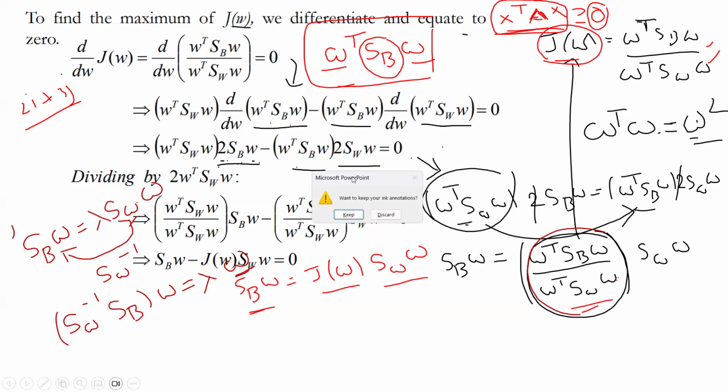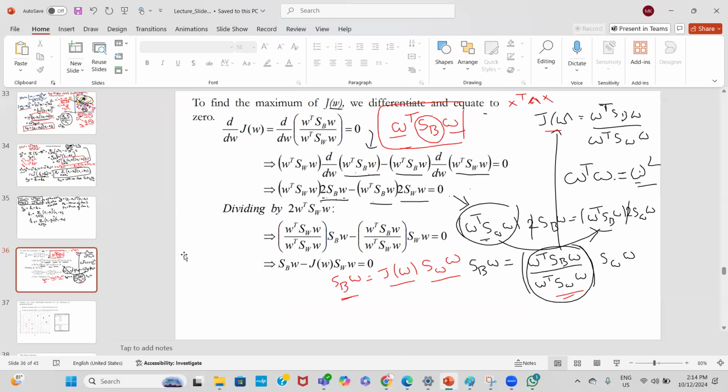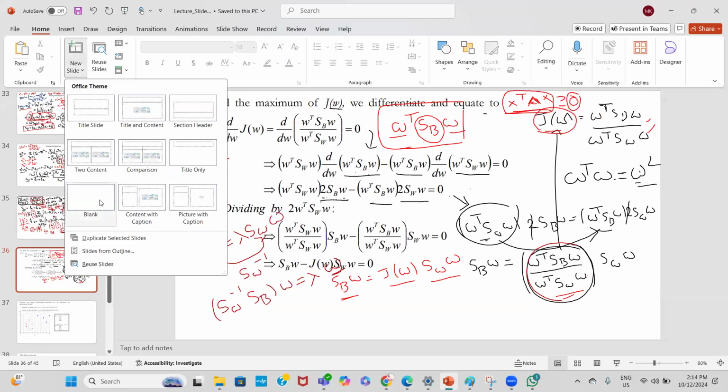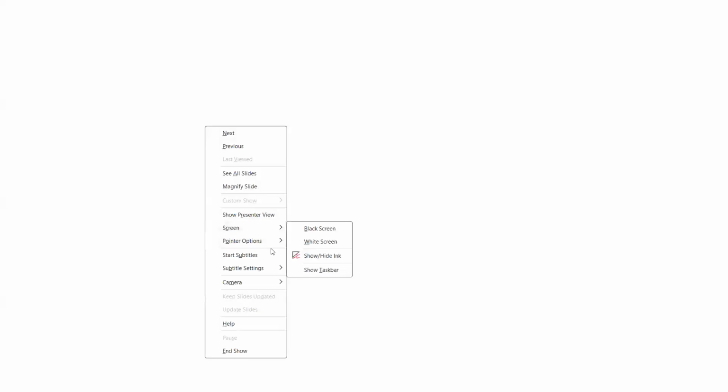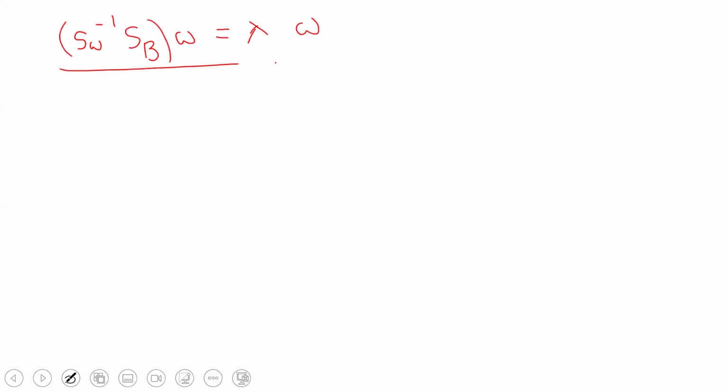Let me take a new slide and write everything back again. Now we have got SW inverse SB into W is equal to lambda W. This is what we have found out.